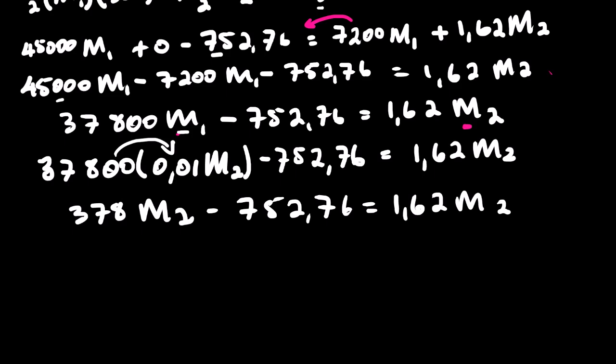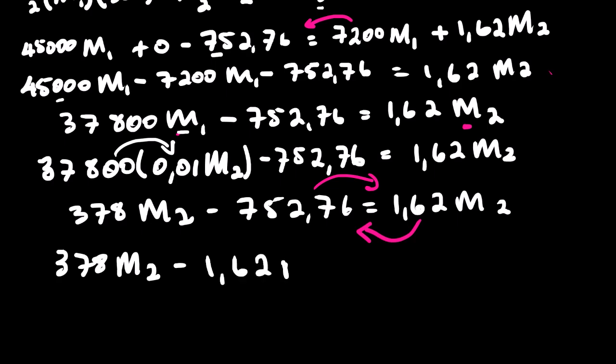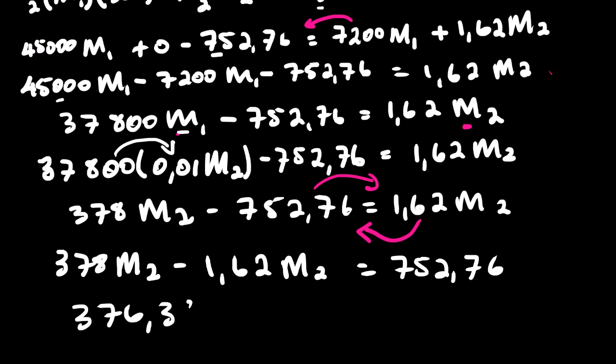We can transpose, take this to the other side. We have 378 m2 minus 1.62 m2 is equals to 752.76. We have 376.38 m2 equals to 752.76.